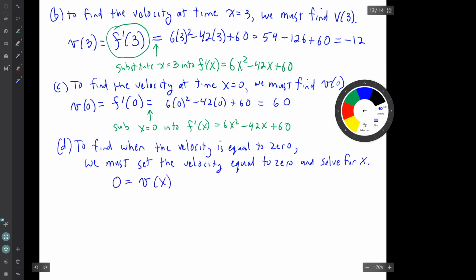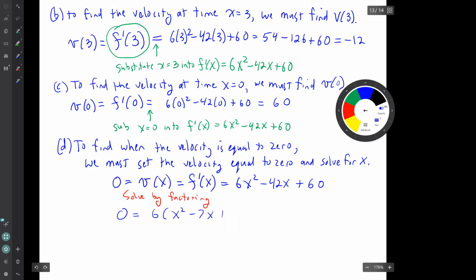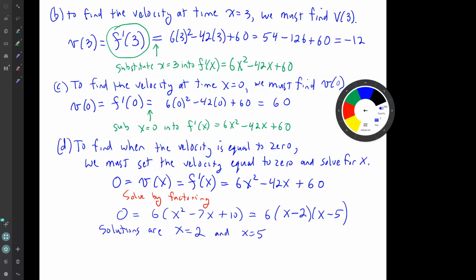I'm going to say 0 equals the velocity, which is equal to f prime of x, which is equal to that polynomial function. So we're going to solve this by factoring. So we see that the solutions to this equation are x equals 2 and x equals 5. So those are the times when the velocity is 0.